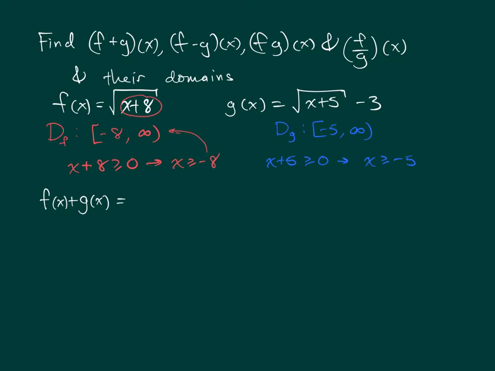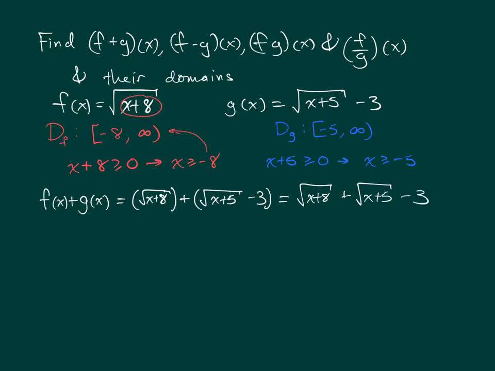That gives you the square root of x plus 8, all inside of the square root, plus the square root of x plus 5 minus 3, which is just the square root of x plus 8 plus the square root of x plus 5 minus 3, without the parentheses. Okay, so there's the addition for these two functions.